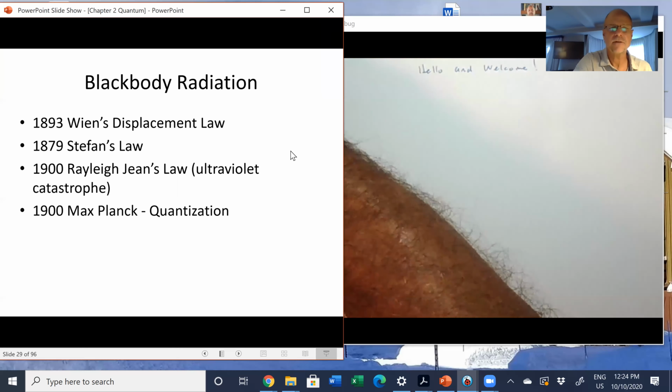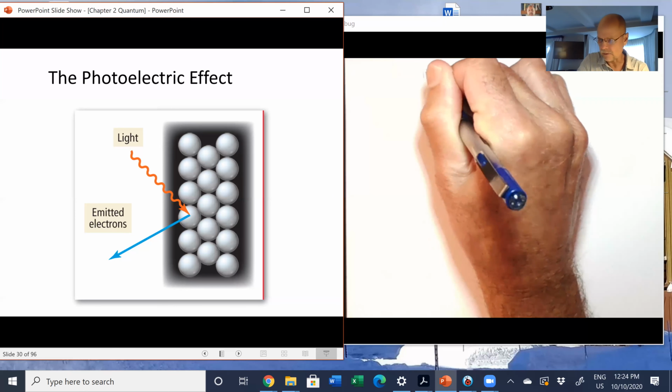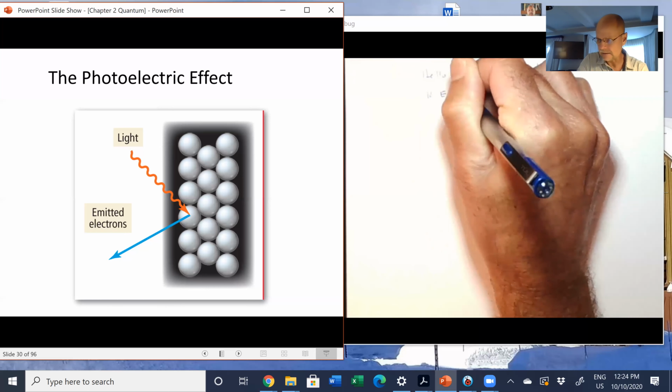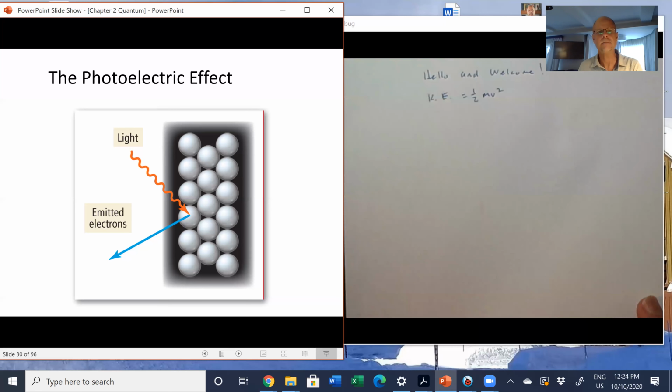The photoelectric effect is what happens when light strikes some metal surfaces, and the energy from the light causes the emission of electrons, all right? And these electrons carry away with them some kinetic energy, and remember, the kinetic energy that they carry away is equal to 1/2 mv squared, okay?